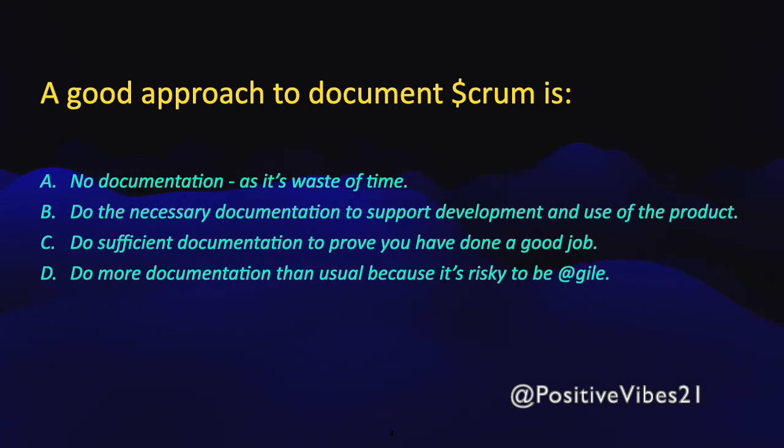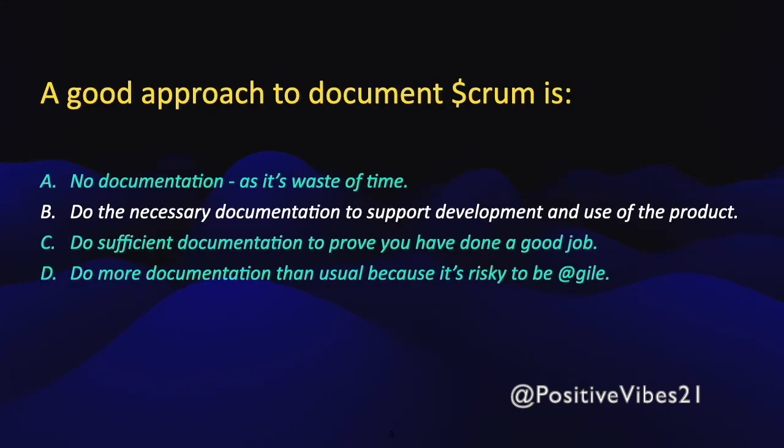A good approach to document a Scrum is... Okay, so you can go through the four options and see what is the correct answer here. No documentation, do the necessary documentation, do sufficient documentation, do more documentation. So of course we know that in Agile and in Scrum, it is not like the traditional way of working where we have a lot of documentation.